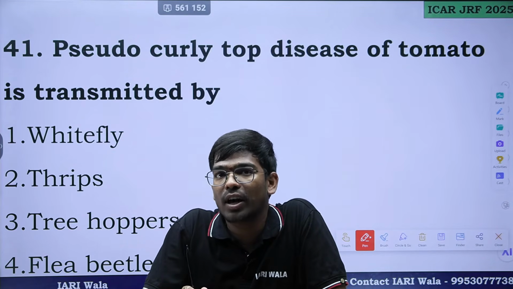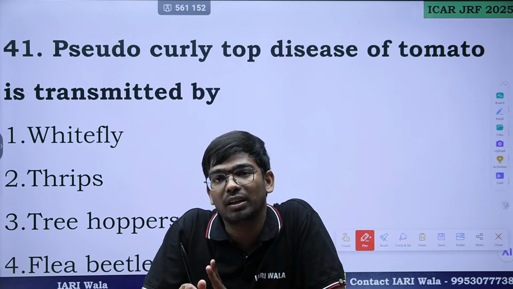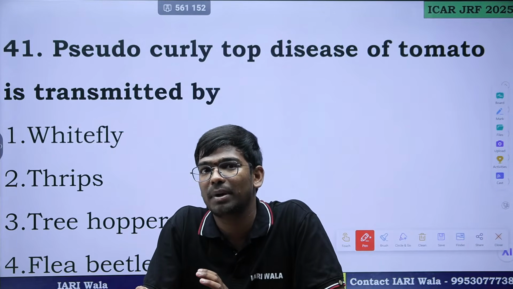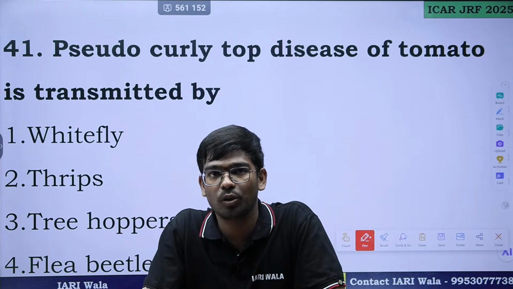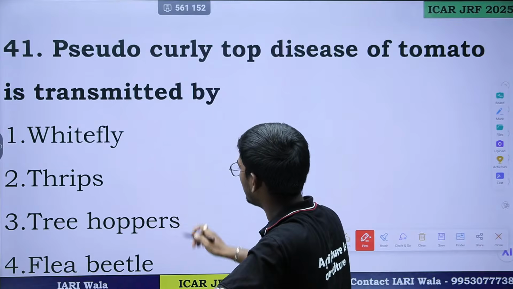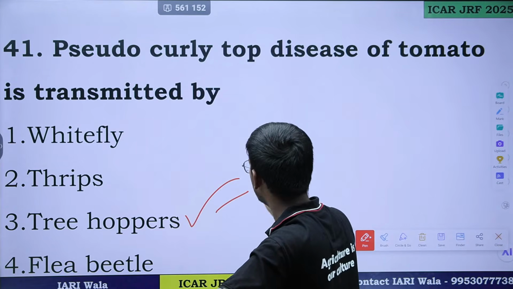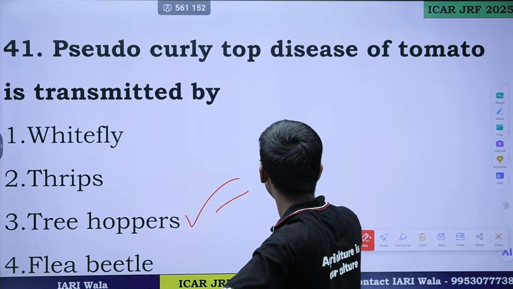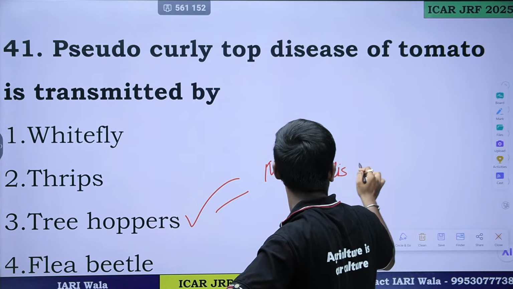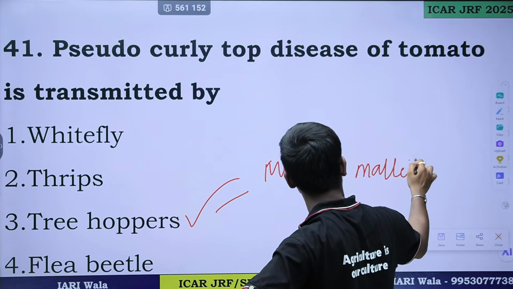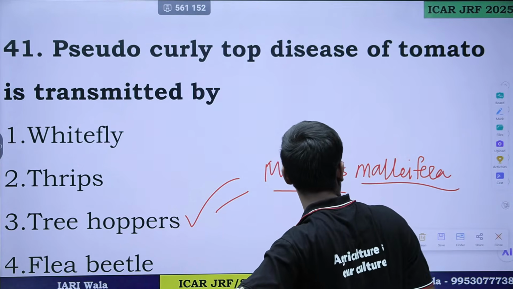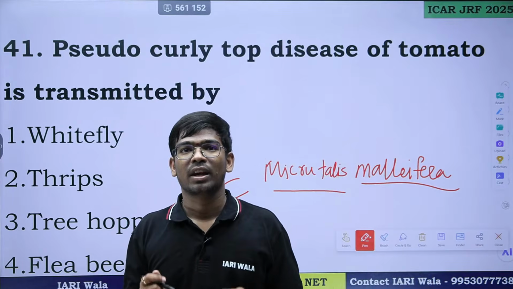That is correct. Pseudo curly top disease of tomato is transmitted by tree hopper. Until now, in many books, it is the only disease that is transmitted by tree hopper. So it's very important to remember it, and usually it will be asked. Okay. Pseudo curly top disease of tomato is transmitted by tree hopper. Specifically, the name will be Micrutalis malleifera. So Micrutalis malleifera is the scientific name of the tree hopper.